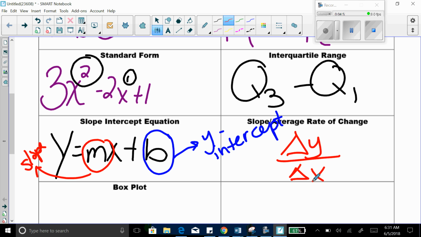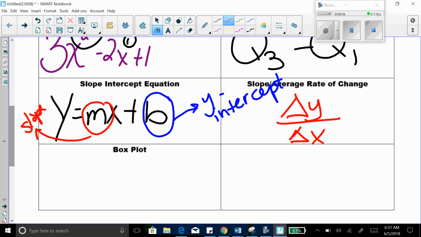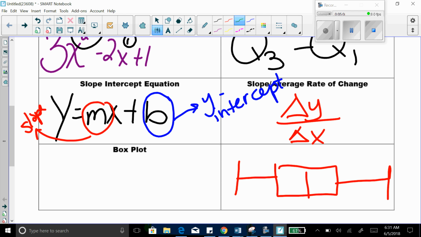All right, and the last term that we're going to go over in these boxes is box plot. If you remember, a box plot looks a little something like this. This is your minimum, this is quartile 1, median, quartile 3, and your maximum. Those are the 5 things, or the 5-number summary, that we need when creating a box plot.